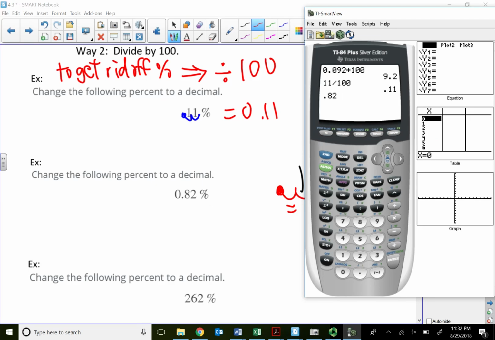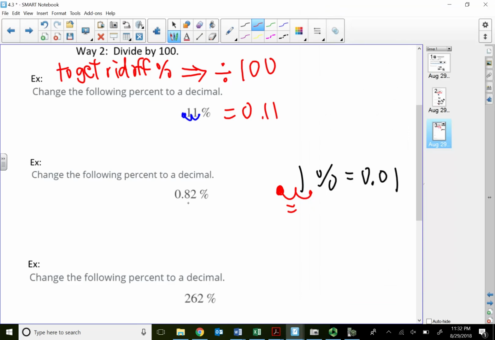So if you take 0.82 and want to get rid of the percent in a calculator, I press divided by 100, and that will give me 0.0082. Or I can just look at the decimal and move it to the left two places: 1, 2. The decimal is here with one empty slot, so that will be 0.0082.